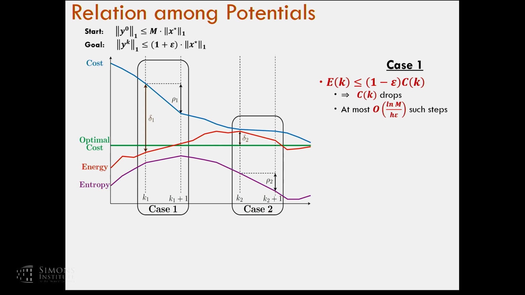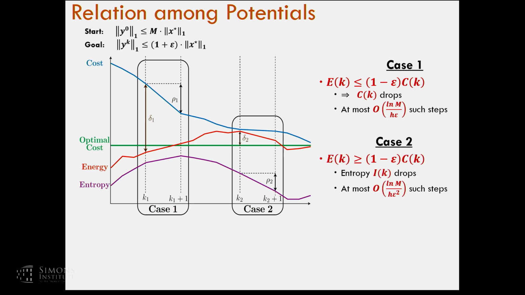And here, surprisingly, the dynamics of the slime mold are designed so that one can prove that if energy and cost are close to each other and they're both far away from the optimal cost, then in the next step, the system reorganizes itself in this information space, and you can get a reduction in this entropy potential function.